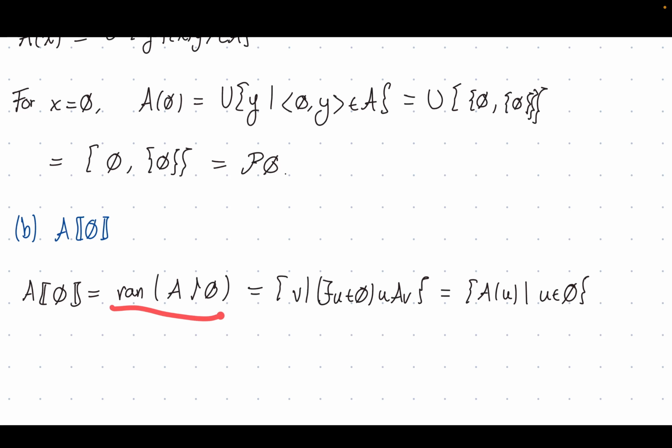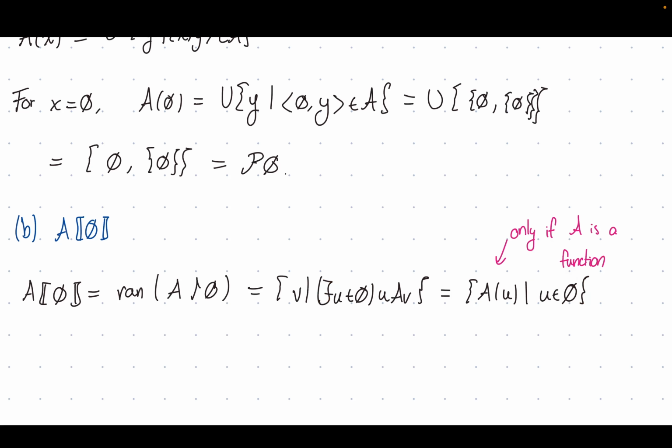Okay. The range of A restricted to the empty set is equal to this set right here, which more importantly is equal to this. Note, this is only true if A is a function, which it is, as we showed earlier in the video. So it's going to be equal to the set of A of u such that u is in the empty set, but note already that there is no u in the empty set.